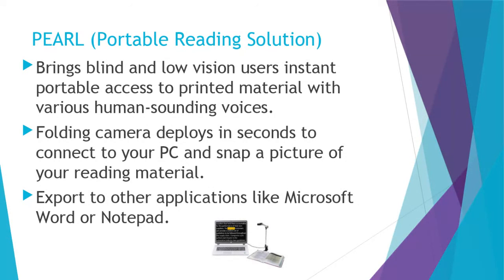You connect the Pearl to a laptop that has special software on it, and you place your book on a board, and from that point it'll detect the pages, and as you're turning pages, it's scanning and reading the information out loud to the individual. It detects the flipping of the pages, so it knows exactly when to take the picture, and it will export it into Microsoft Word or a word processing program.